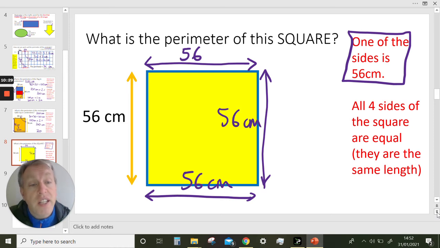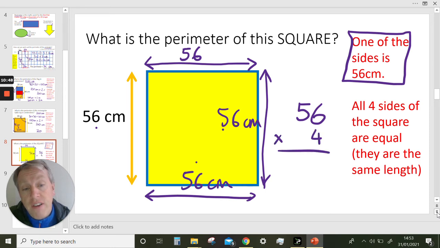All the sides are 56 centimetres. So I could do 56, add 56, add 56, add 56. But I'm going to multiply. Why can I multiply? Because it's 56 4 times. 56 times 4, or 4 times 56. 6 times 4 is 24. 5 times 4 is 20.